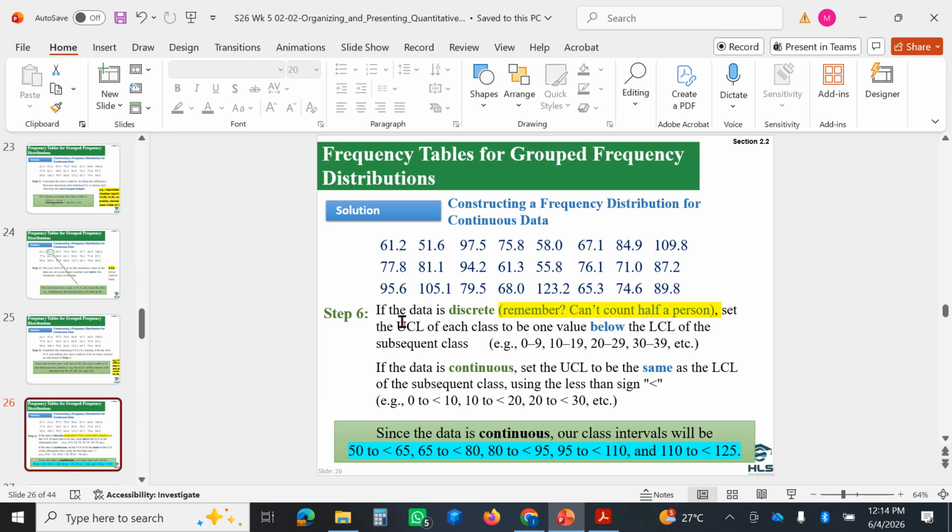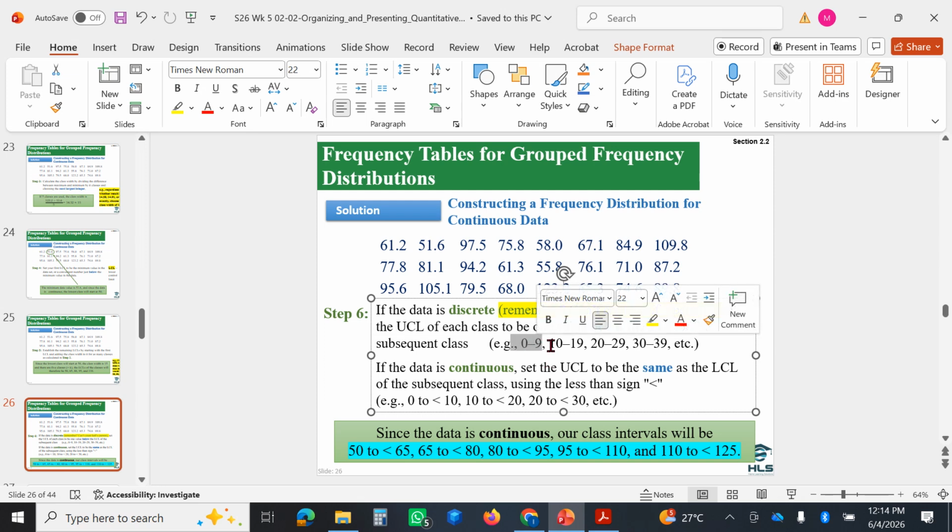Yes. So again, if the data is discrete, set the UCL of each class to one value below. Okay, so remember 0 to 9, and then the LCL for the next group would be one higher than that, 10 to 19, 20 to 29, that kind of a thing.